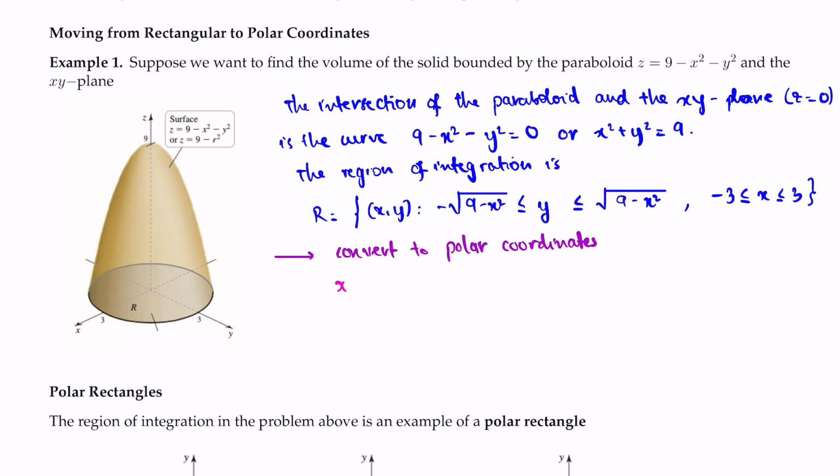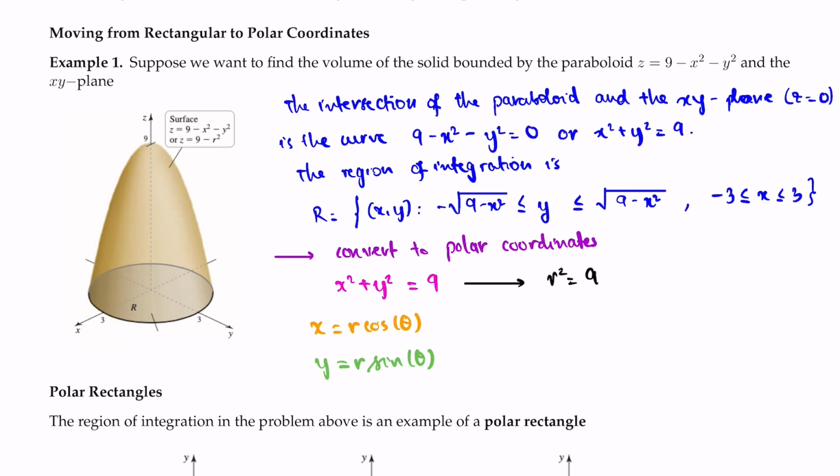Here you have x squared plus y squared equal to 9. You can convert this into r squared equal to 9, because x is equal to r times cosine of theta and y equal to r times sine of theta, and from this r squared is equal to x squared plus y squared, and therefore you have r squared equal to 9.